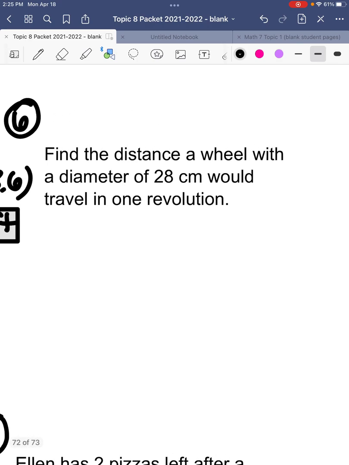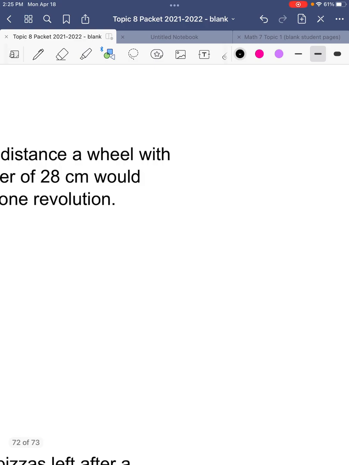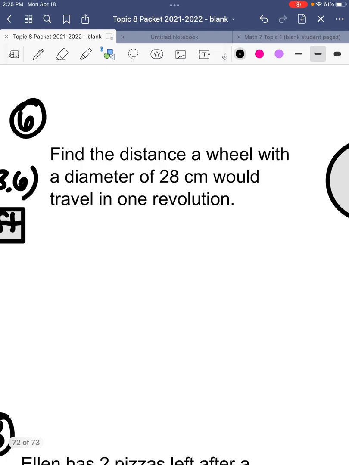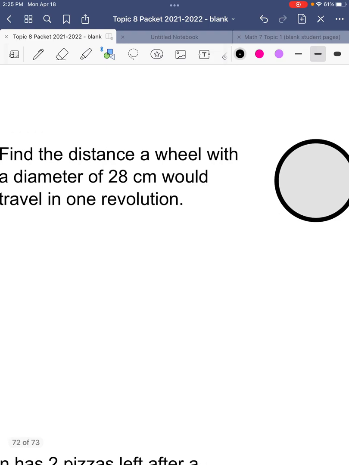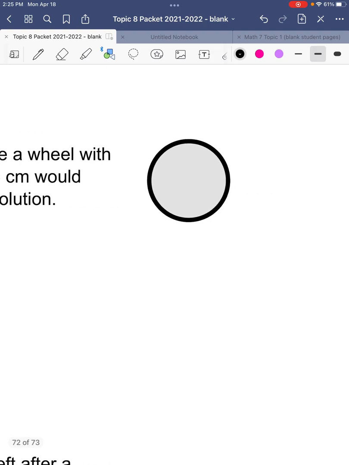Okay, number 6. So this time I have a little word problem. It says find the distance a wheel with a diameter of 28 centimeters would travel in 1 revolution. So let's actually think about what this looks like. So we have a wheel, it's a circle, right? And it says with a diameter of 28 centimeters. So diameter means it goes all the way across, right?